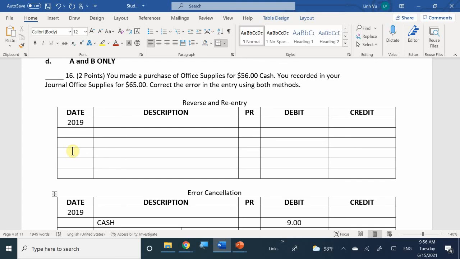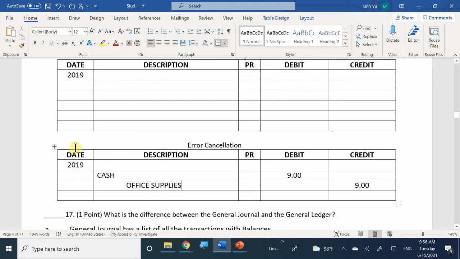Nathan says, I like the error cancellation because all I have to do is write one entry and say the difference is $9. But this one has dangers, because what if you accidentally put the $9 in the wrong account?